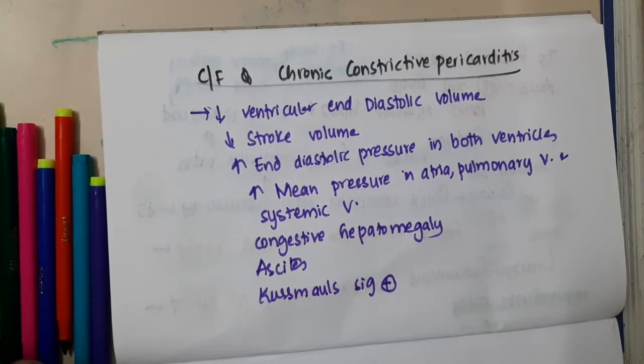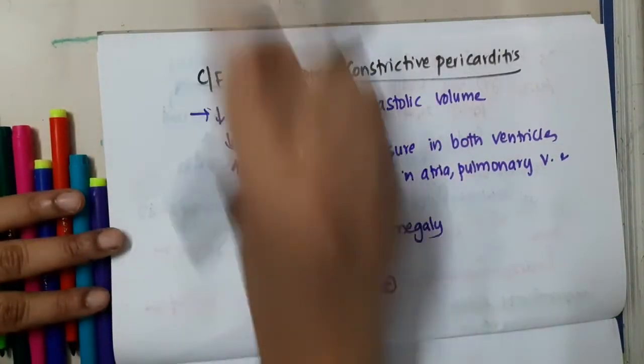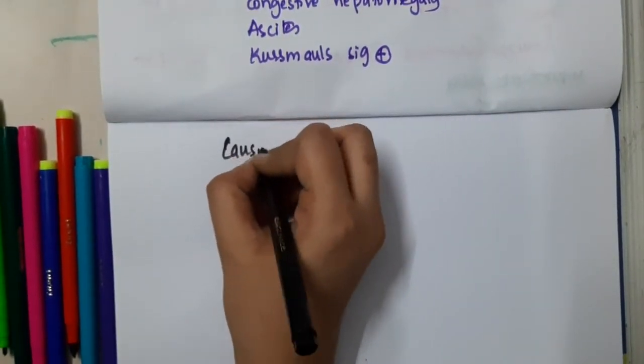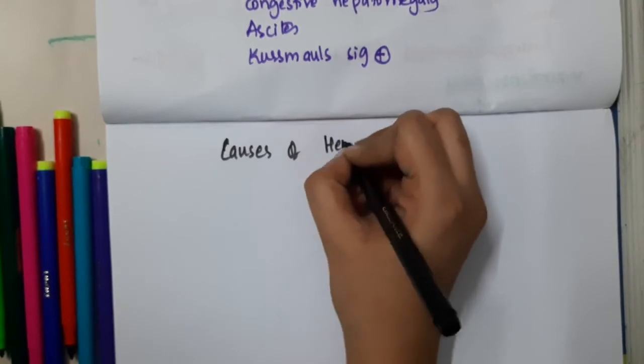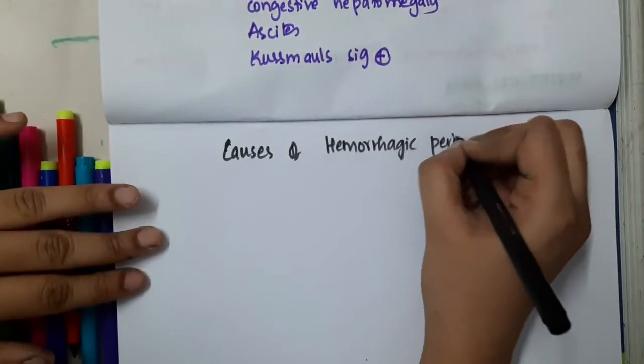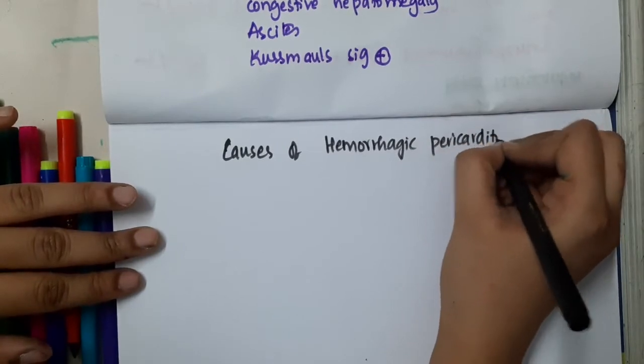Next, we have something called hemorrhagic pericarditis. What are the causes of hemorrhagic pericarditis? Hemorrhagic pericarditis is presence of blood in the pericardial cavity.